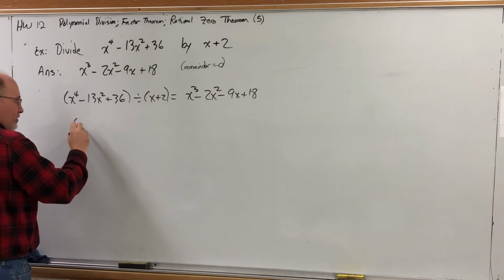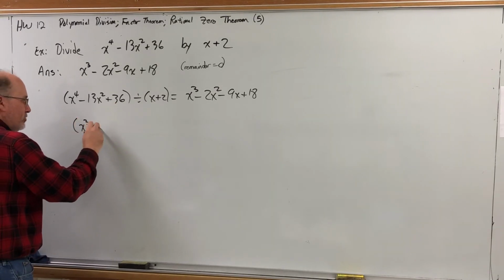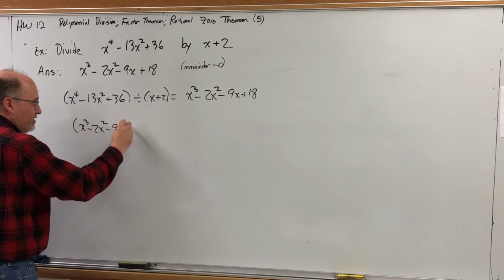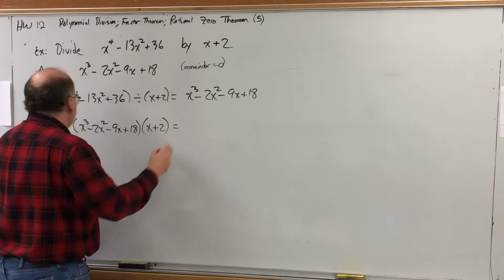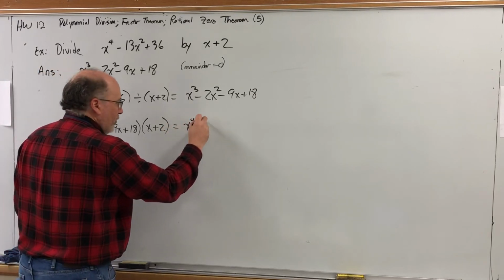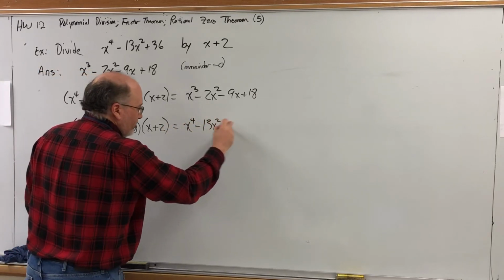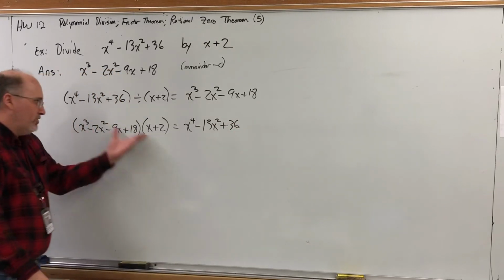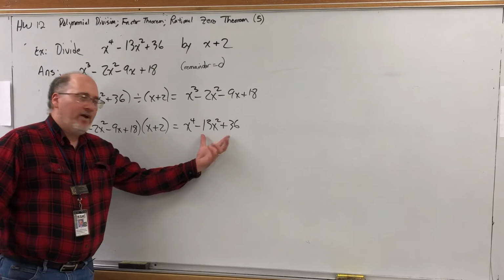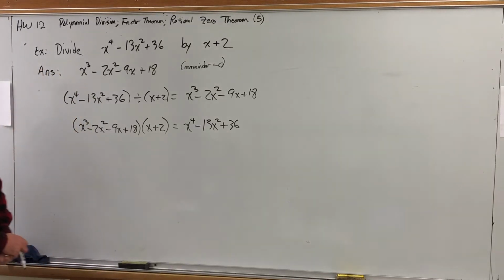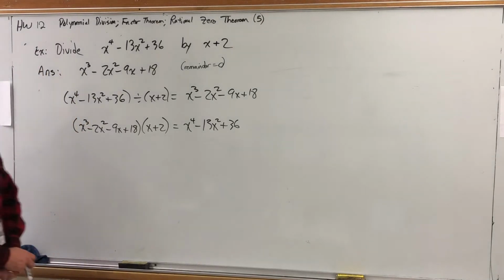So the quotient, x to the 3rd minus 2x squared minus 9x plus 18, times the divisor, x plus 2, is equal to the dividend, x to the 4th minus 13x squared plus 36. Go ahead, distribute it all out, combine like terms, some stuff will cancel, and if done correctly, you should wind up here. So how does that help us?